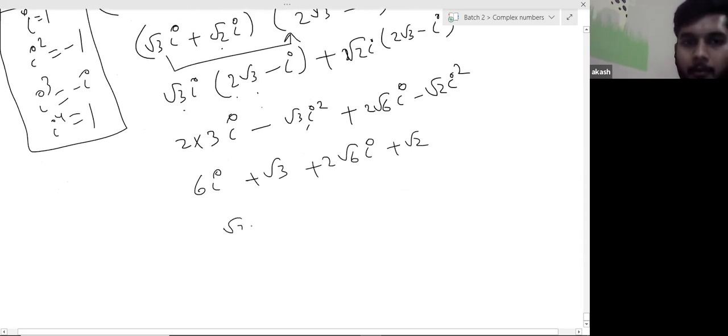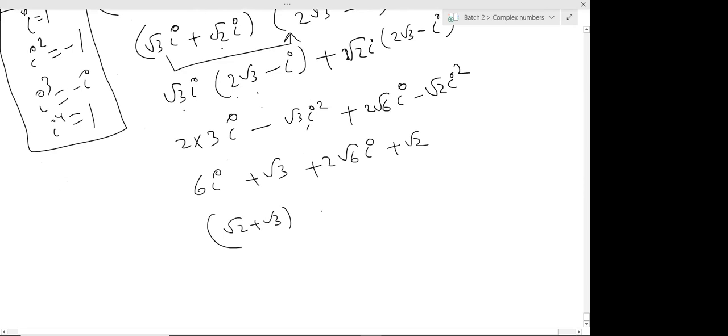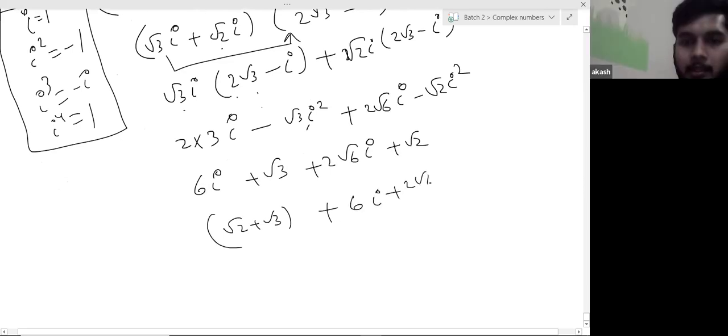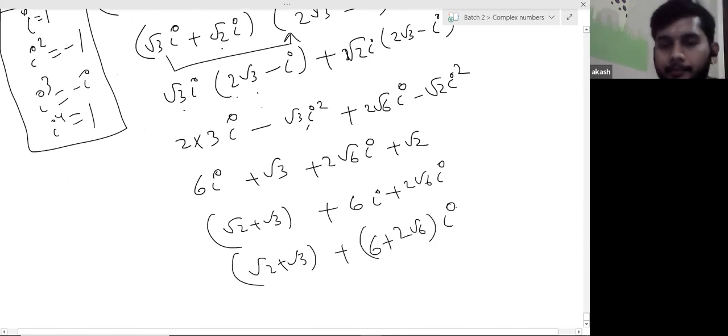So we have root 2 plus root 3 plus 6i plus 2 root 6i. So root 2 plus root 3 plus (6 plus 2 root 6) into i. Clear?